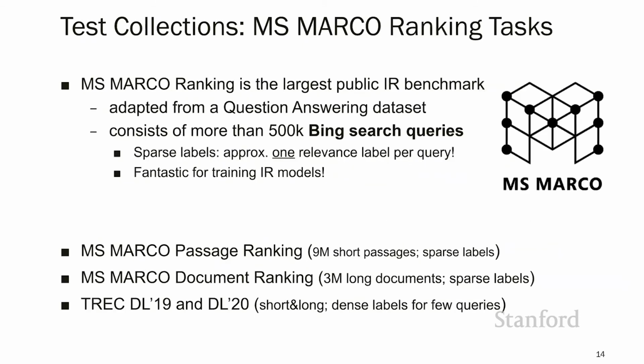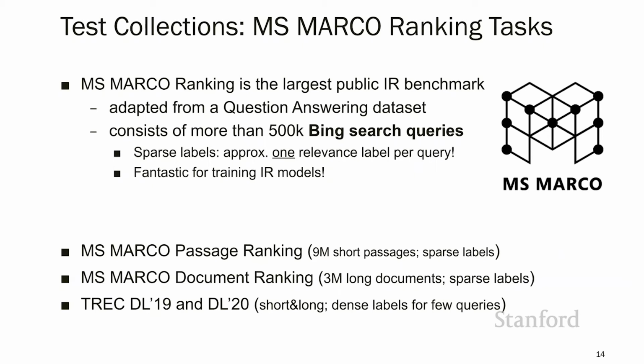And this is exactly what happens in MS Marco ranking tasks, which is a collection of really popular IR benchmarks by Microsoft. MS Marco contains more than 500,000 Bing search queries, and this is the largest public IR benchmark.